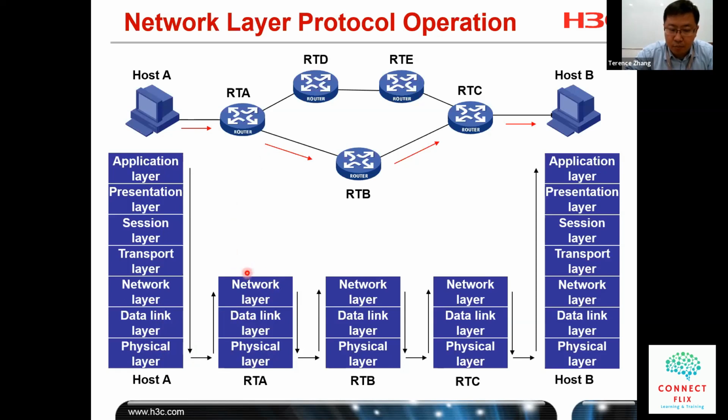You just de-encapsulate by network layer because the router is not the destination, right? The destination is B, host B. So all routers on the network will recognize this. Oh, the destination is not me. It's just using my information to find a path.